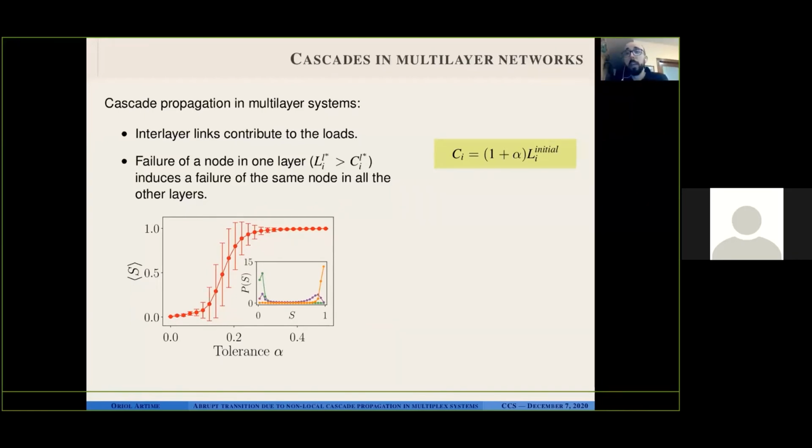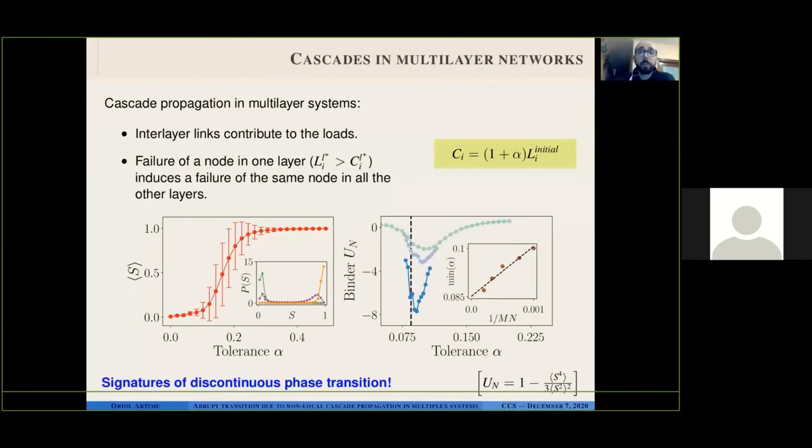And this looks like a discontinuous phase transition. Actually, if we calculate the Binder cumulant, this quantity becomes negative in the critical region and tends to minus infinity as the system size increases. The system size is the size of the network. This further proves that we are dealing with a discontinuous transition.